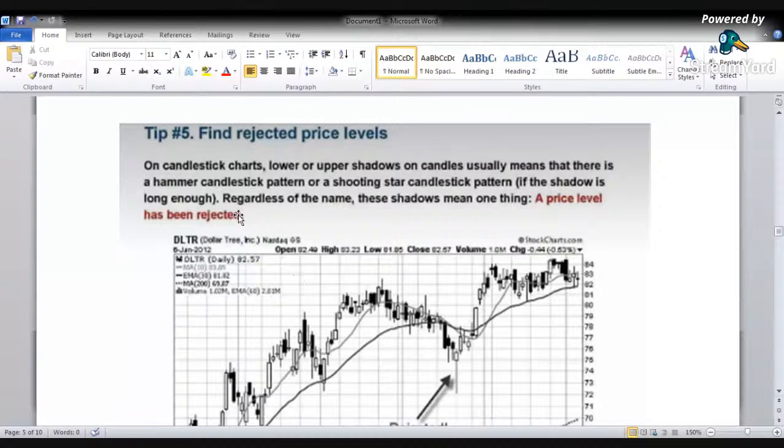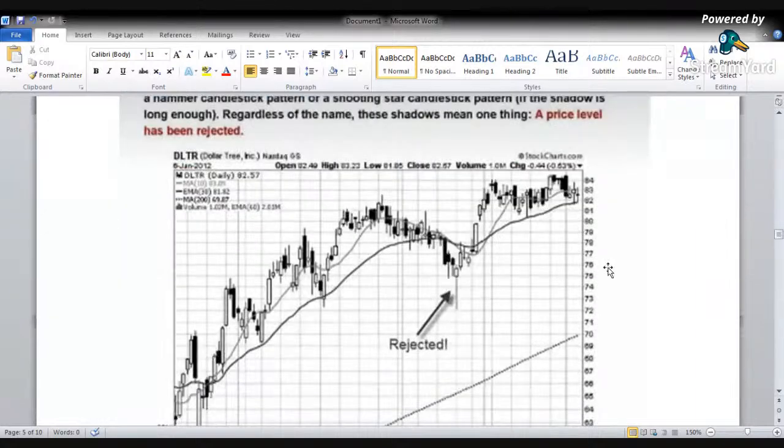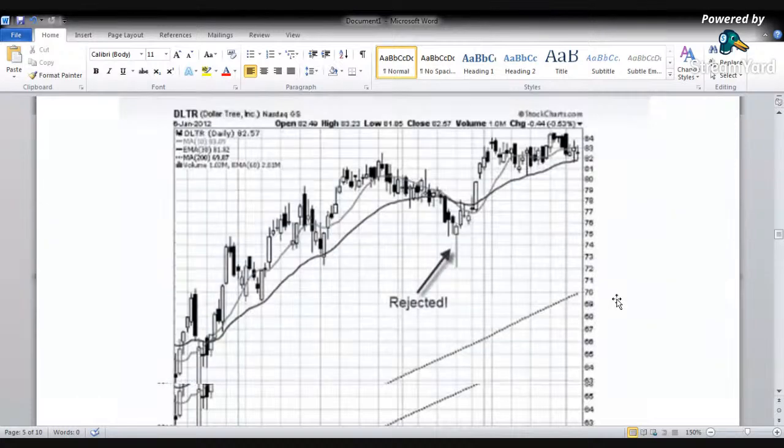On a candlestick chart, lower or upper shadows in a candle usually mean that there is a hammer candlestick pattern or shooting star candlestick pattern. A price level has been rejected. So for example, if you see a candle na may malaking rejection, there is a chance that there's a reversal going up.